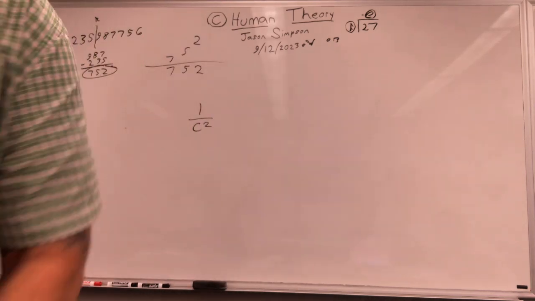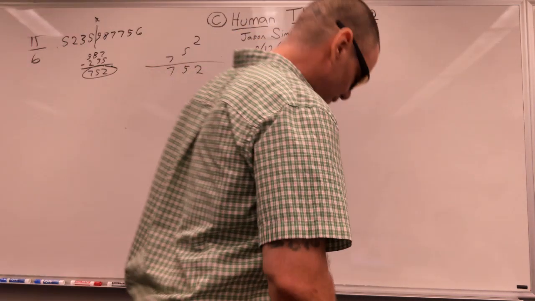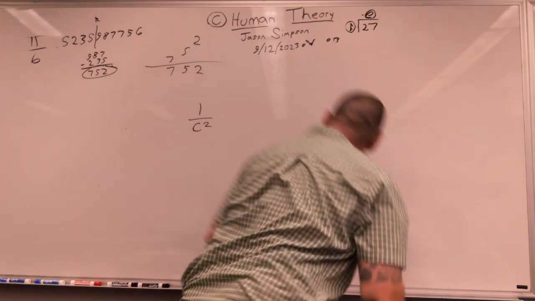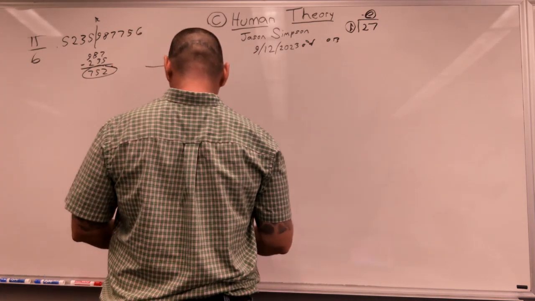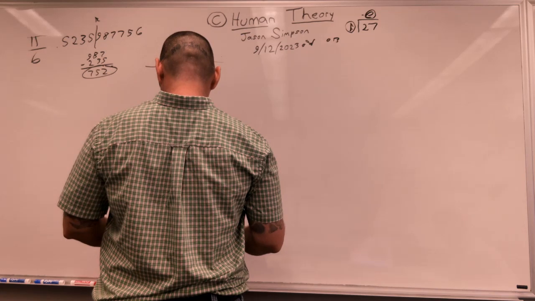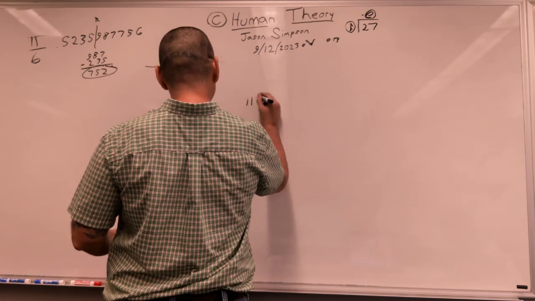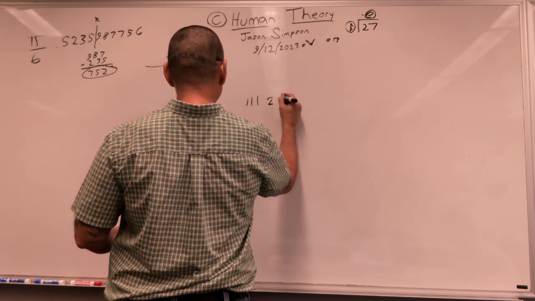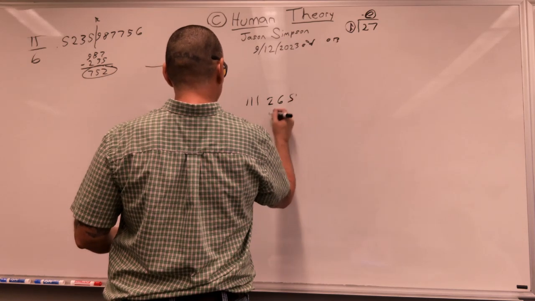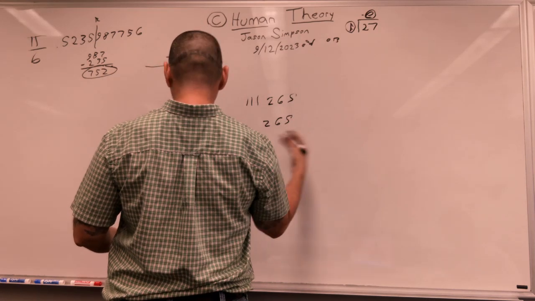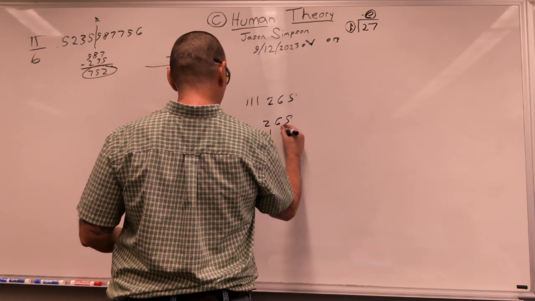I won't bother my math professor today and ask him to do the calculations I have written down. But what we got? 111,265. Take a 265. You can do many things with it, many analyses.